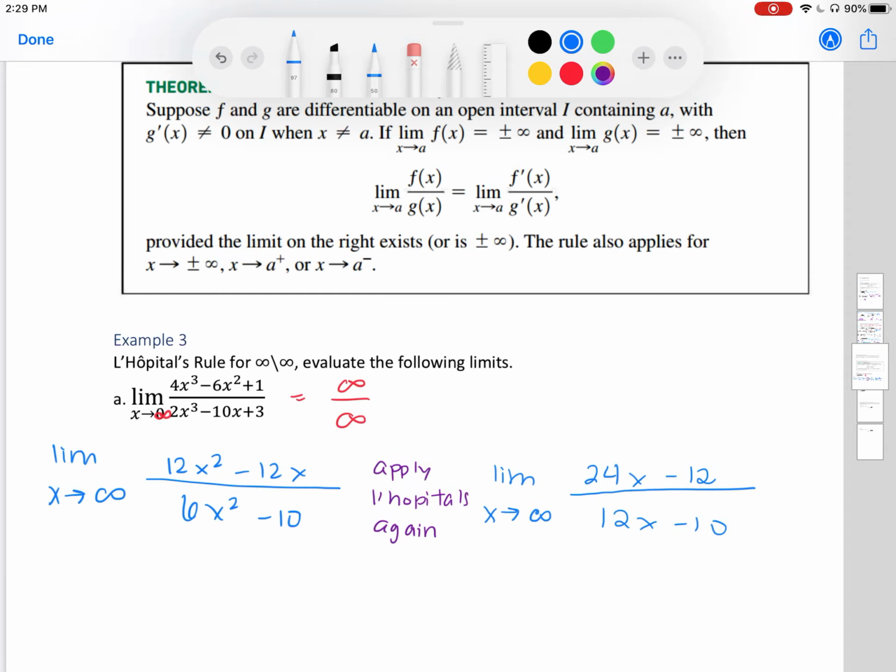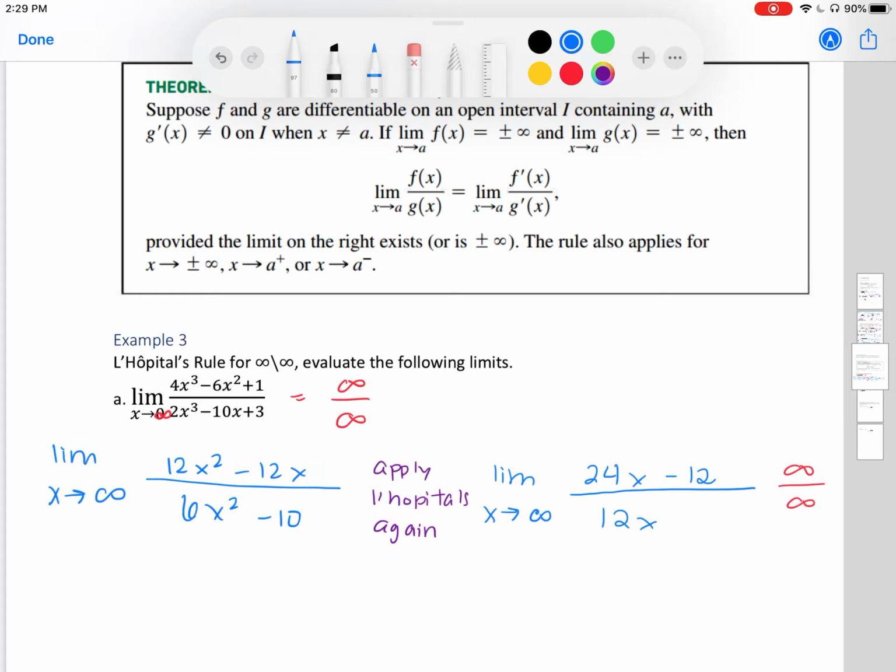Oh, constant, the derivative is 0. So just the 12. We still have the same situation. We still have infinity divided by infinity. So let's go ahead and apply the derivative one more time. By doing so, we see that we're left with constants.